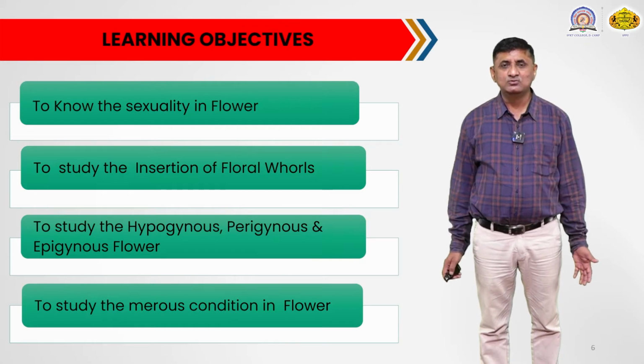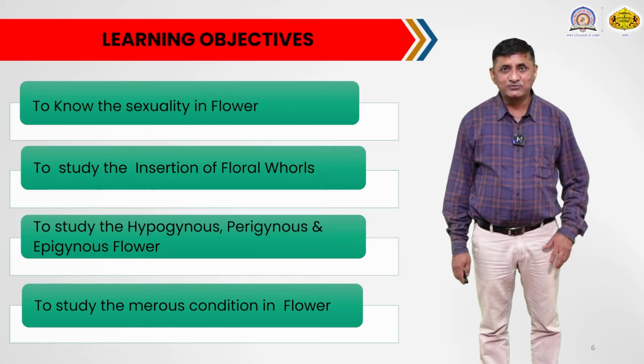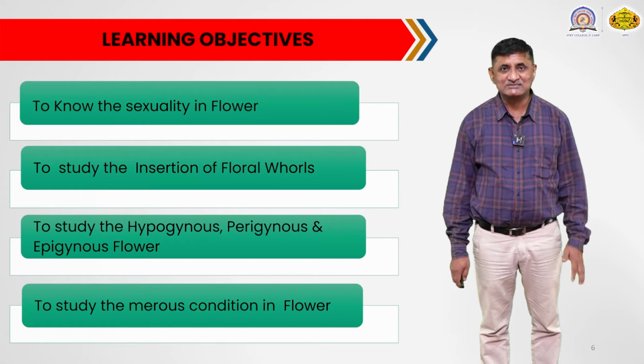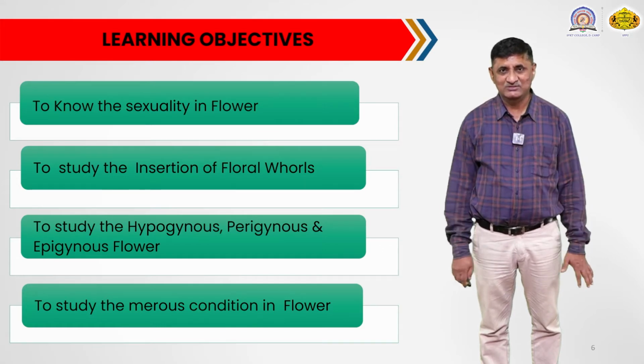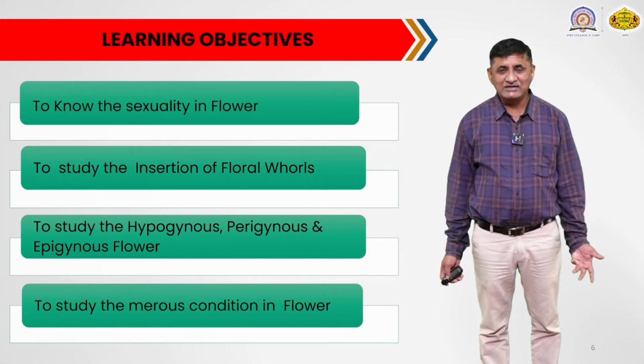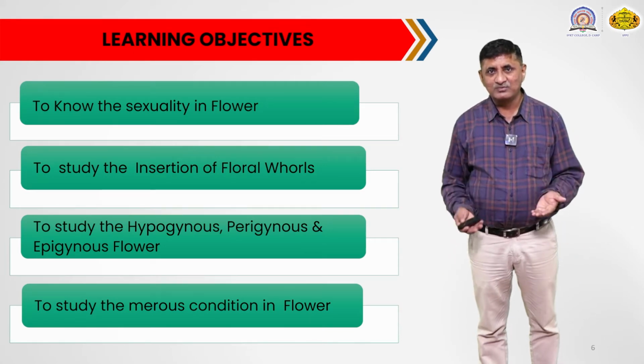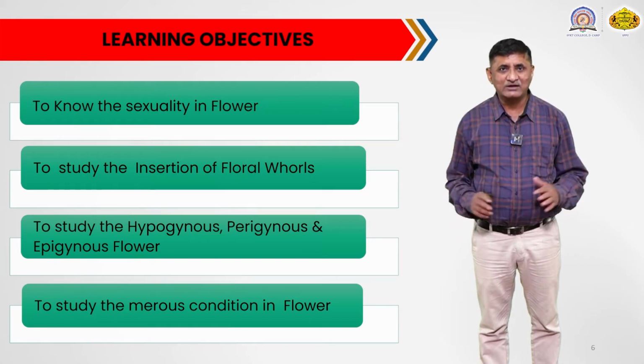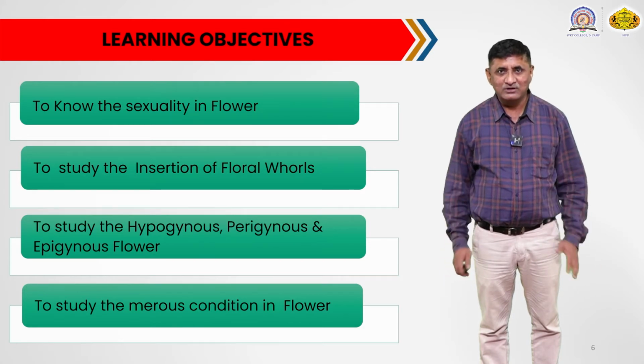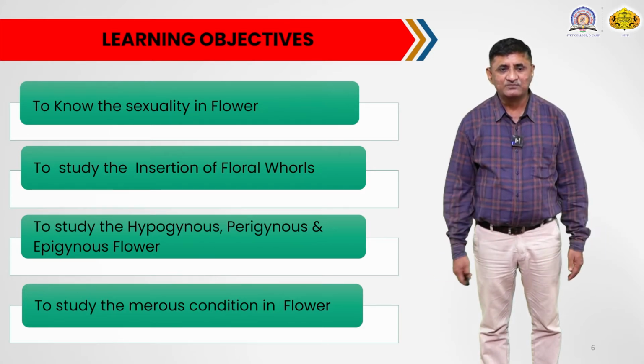We also want to understand how the different floral whorls are arranged on the surface of thalamus, and that arrangement we can use for another topic, for categorizing the flower from that particular view.